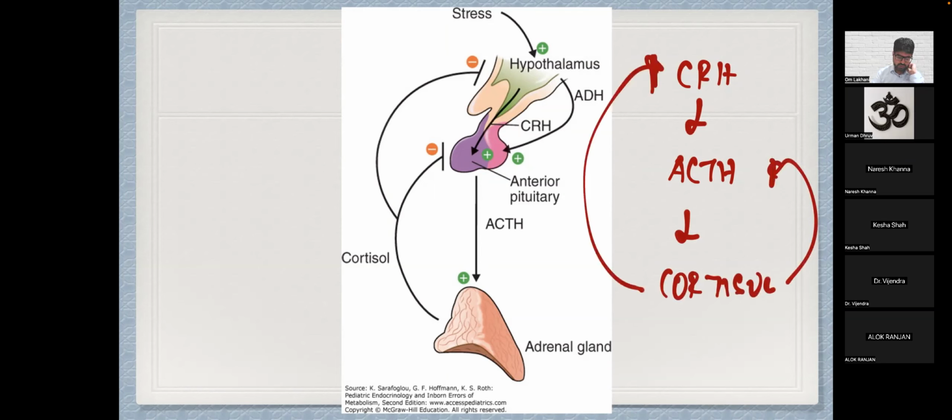But one important associated axis we often forget is that the antidiuretic hormone ADH also acts on the pituitary. So ADH acts on the pituitary to produce ACTH. Remember, ADH is a hormone of the posterior pituitary, but it is released by the posterior pituitary, not produced by it. It is actually produced by the hypothalamus. So ADH, also known as AVP.